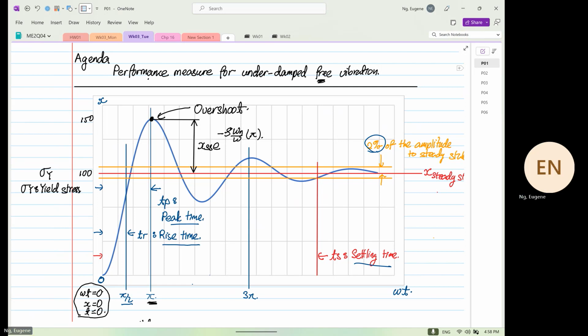So U stress over here is equal to P applied divided by area. Let's say this is based on a static analysis approach.